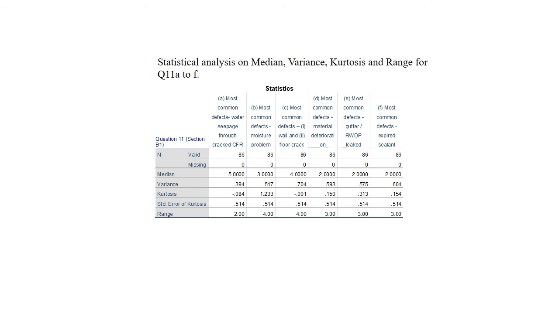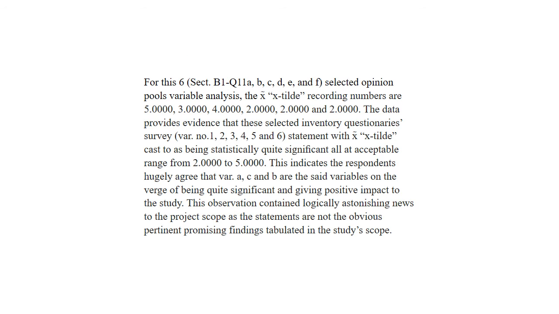and the range. In conclusion, from these statistics, they have a range from 2 to 5. This indicates that the respondents largely agree that variables A, C, and B are quite significant and give a positive impact to the study.